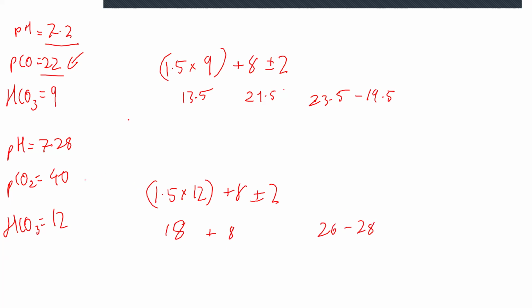Now quite obviously our PCO2 is not within that range, it's much, much higher. So since it's much higher, this tells us that we have an uncompensated metabolic acidosis with respiratory acidosis. Because like we said, compensation is not appropriate, it's outside the range, and because the PCO2 is high, it's a respiratory acidosis.